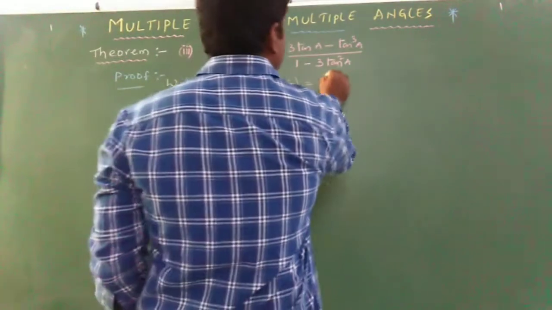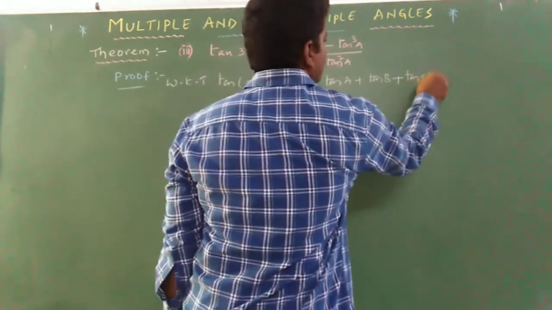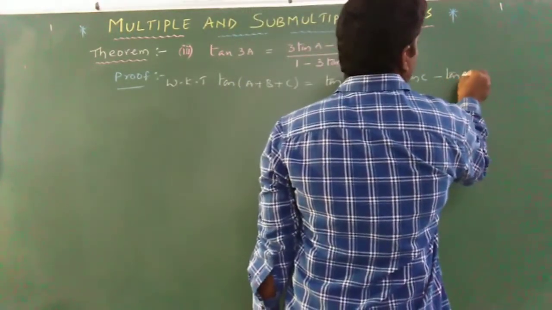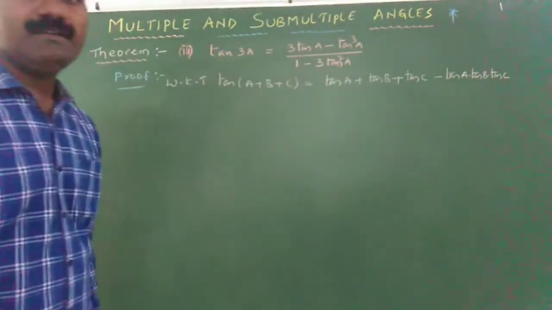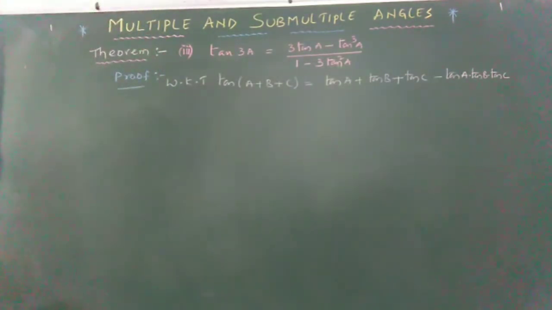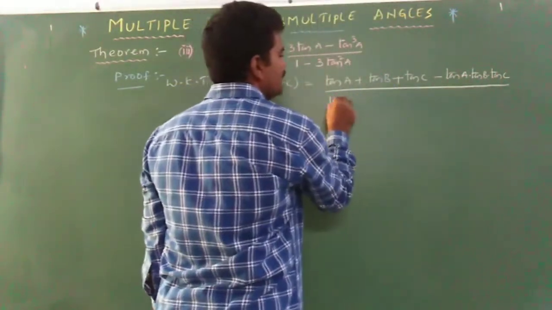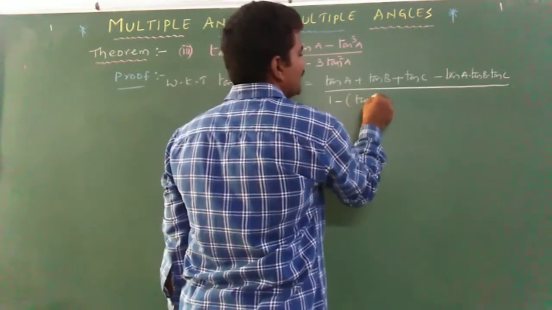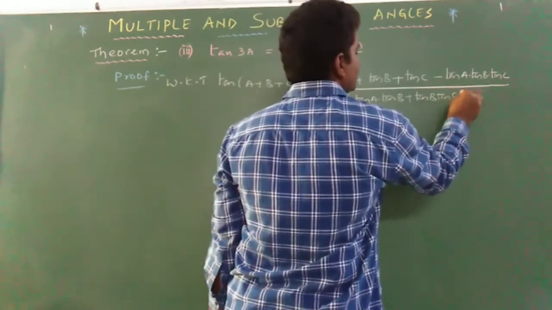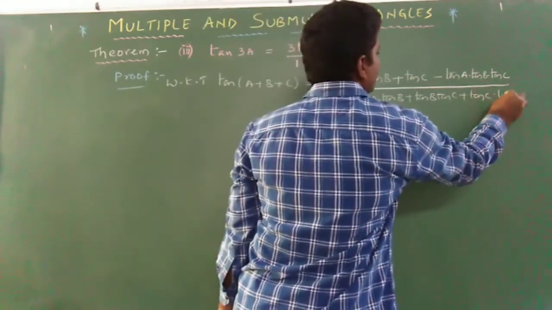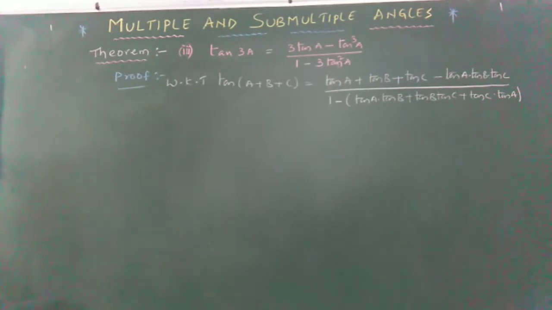The formula for this is tan a plus tan b plus tan c minus tan a into tan b into tan c, whole divided by 1 minus of tan a into tan b plus tan b into tan c plus tan c into tan a, isn't it?